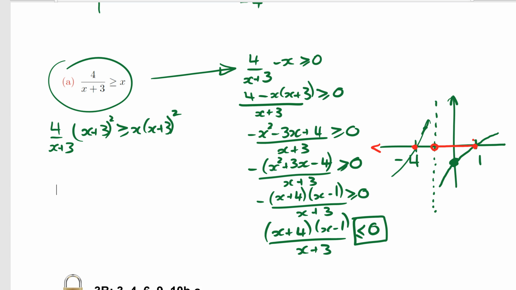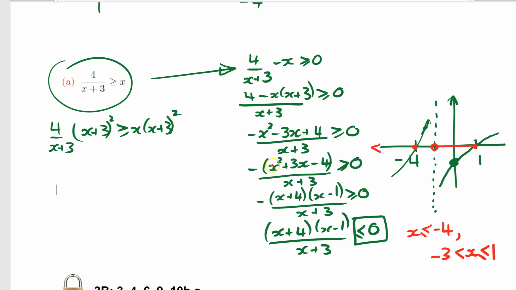So if I translate that to an inequality, that means that this will be true for where x is less than or equal to -4, and where -3 is less than x, which is less than or equal to 1. Now, just here's a nice little caution for you.